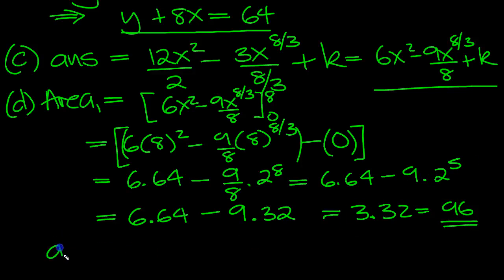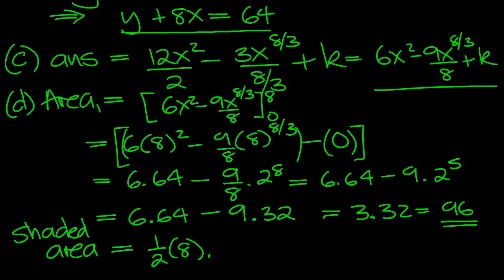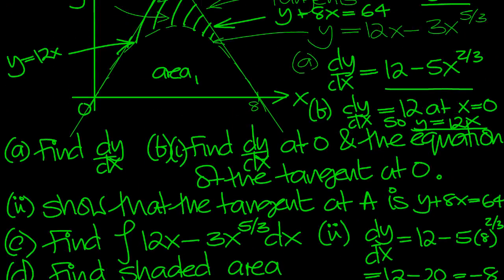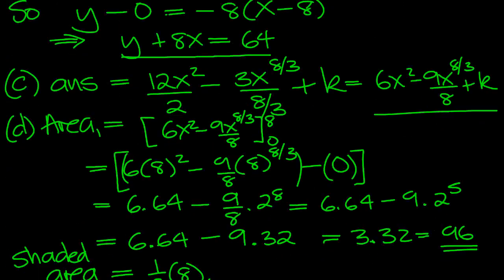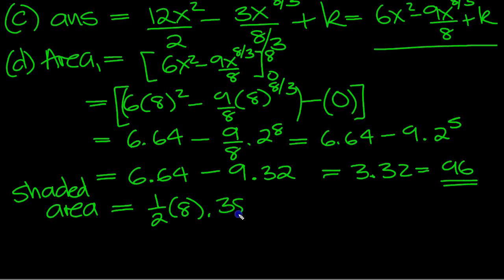So now the shaded area is equal to half base times the height of P, which we worked out before in the picture, 38.4. Half the base, 8, is 4. That's the total area, 4 times 38.4, minus the 96. That will give us the shaded area.